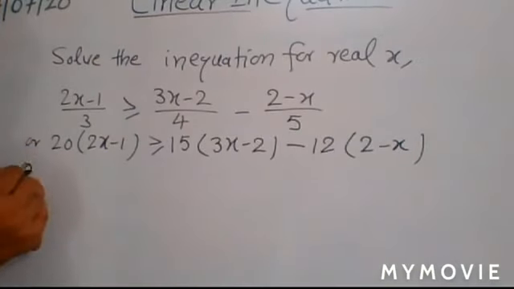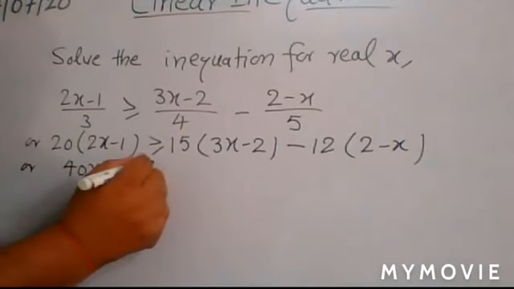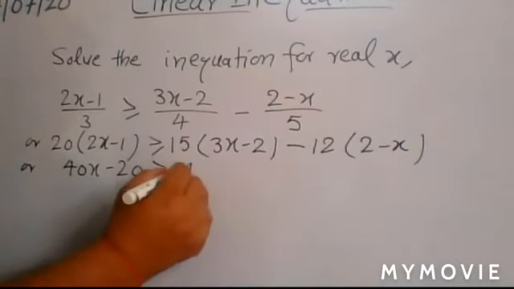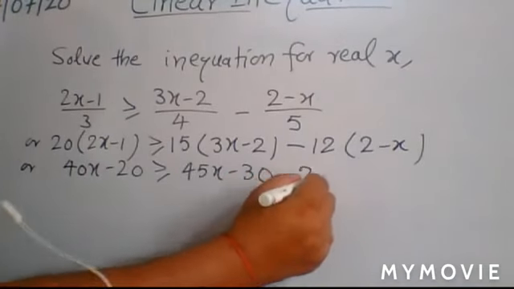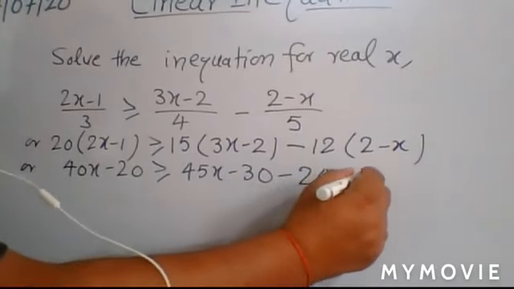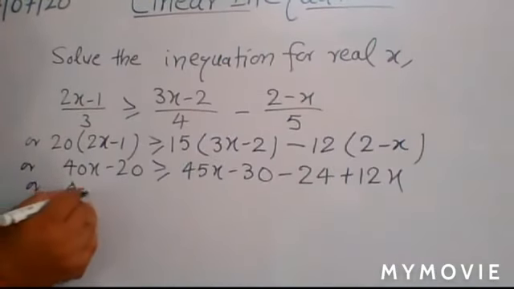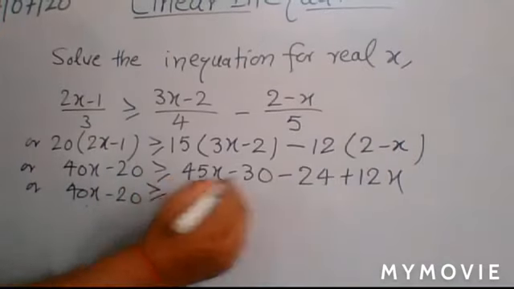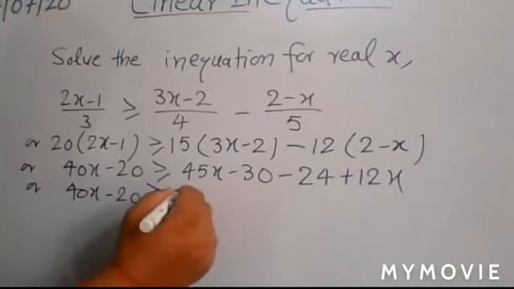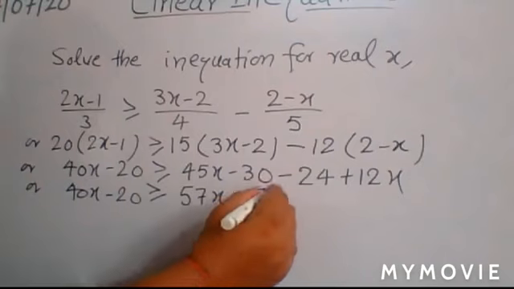Okay, and simplifying, 40x minus 20 is greater than or equal to 45x minus 30 minus 24 plus 12x. You add these two, so you have 57x minus 54.